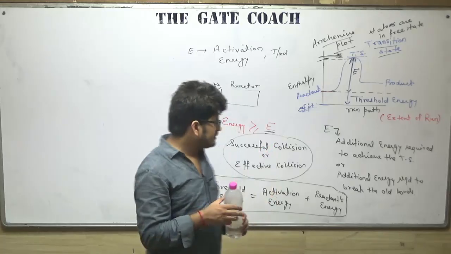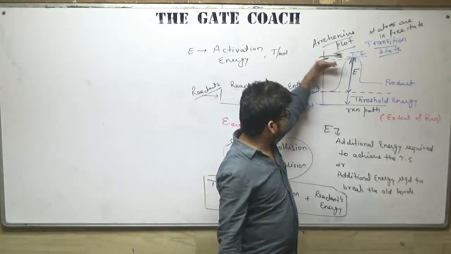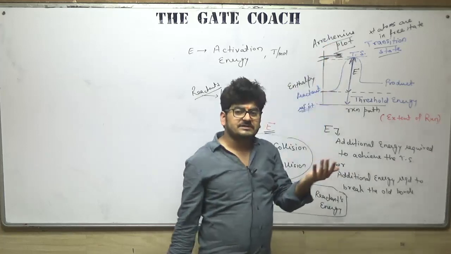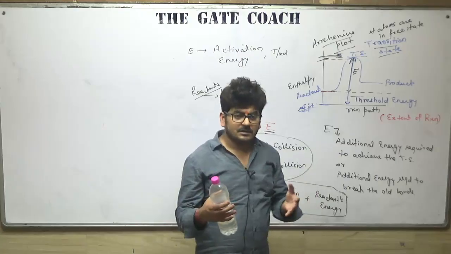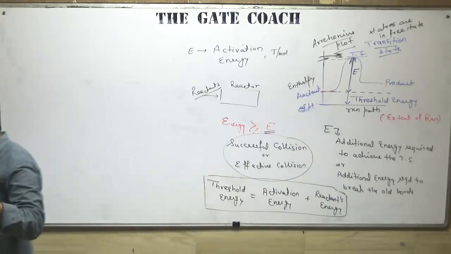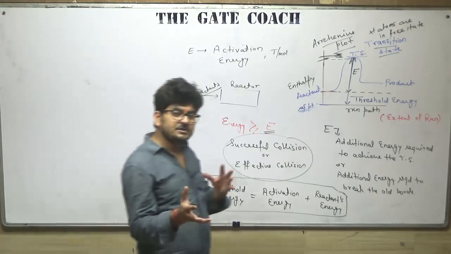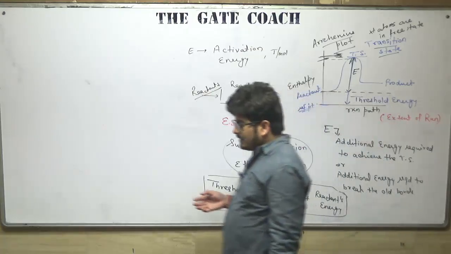Similarly, here the energy of the molecules can be greater than this, because after the collision they will gain energy. When the molecules collide, it is not certain how much energy will be exchanged among the molecules.